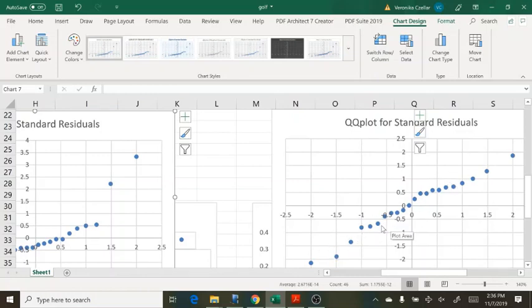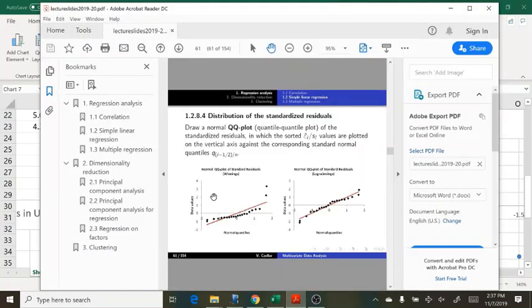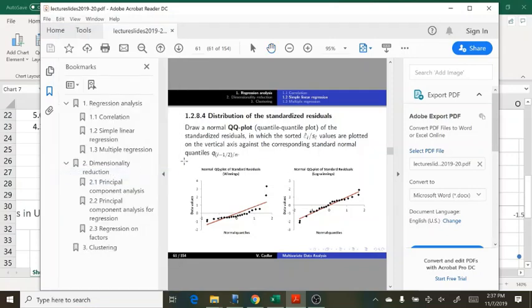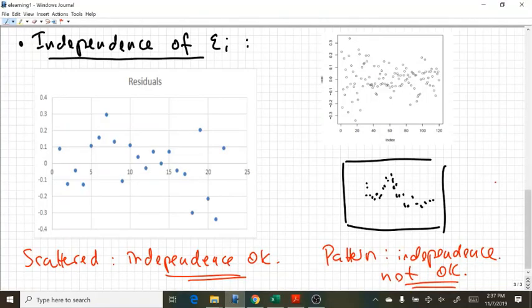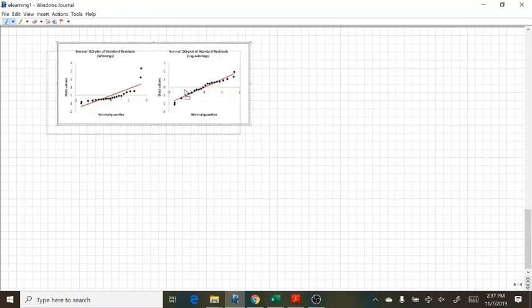Identity line meaning the y equals x equation, the one that goes through 0, 1 and 1, 2, etc. This one is much closer to it than this one. I reported these QQ plots here as well, same things, so I can comment on this as well. In addition, I plotted the 45-degree lines, the y equals x equation.